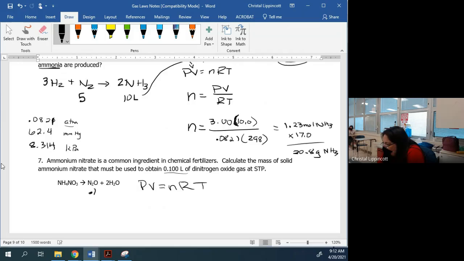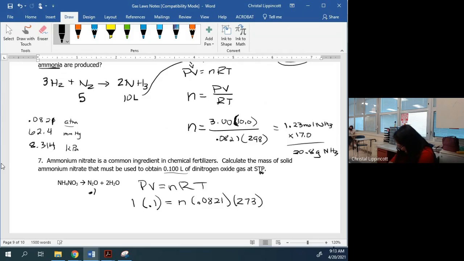My pressure, they said I'm at standard temperature and pressure, so my pressure is going to be 1 atm times the 0.1 for this guy, equals n, which is what I'm solving for, R is 0.0821, and my temperature at STP is 273.